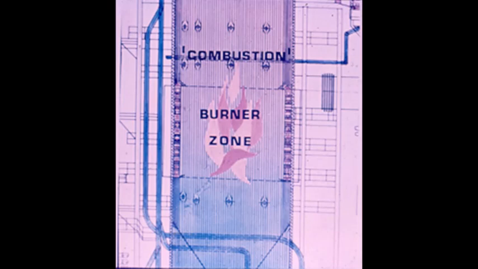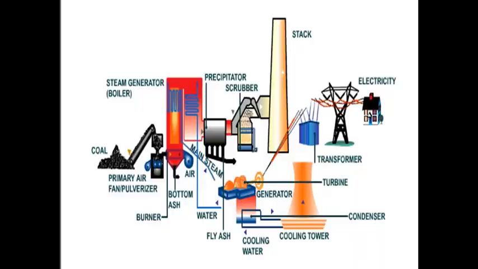It flows through the boiler furnace part and then subsequently the second pass, and from there, with the help of an exhaust fan called the induced draft fan, this flue gas is exhausted to the atmosphere through a chimney.